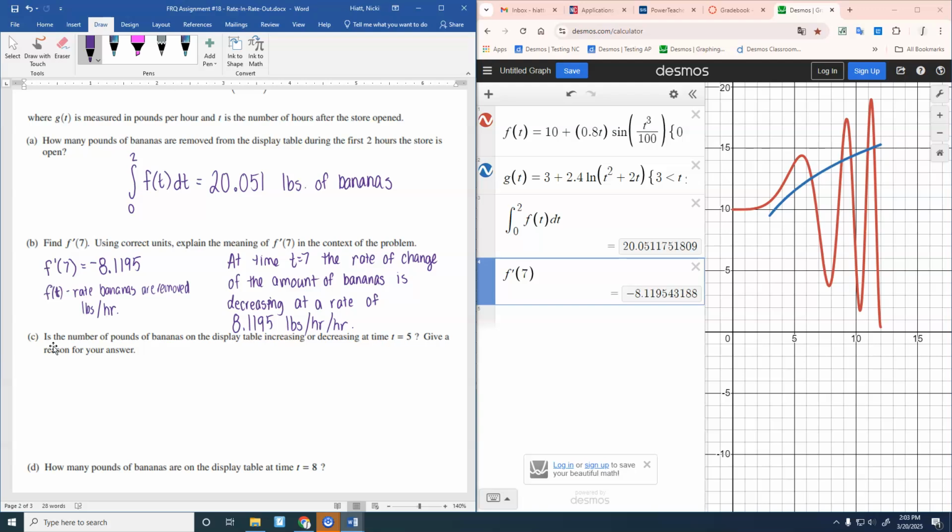Right. You want to subtract F of 5 from G of 5 and see whether or not that works. All right. That'll work great because those are the rates at which bananas are added and taken away, right?